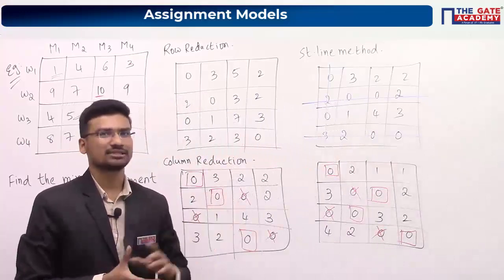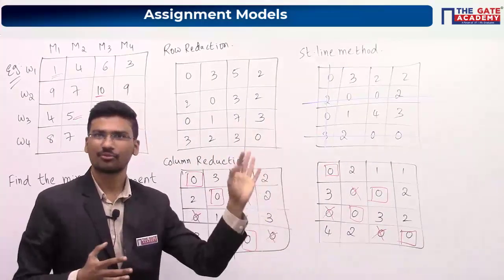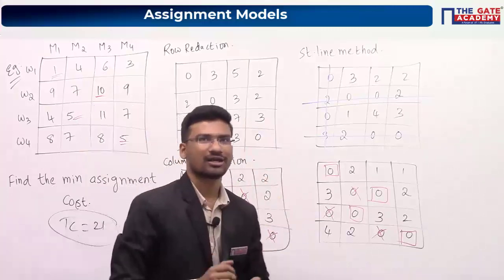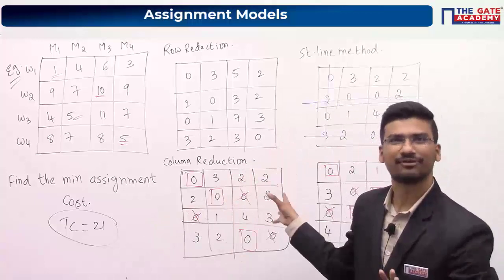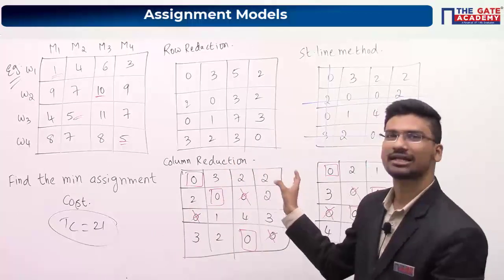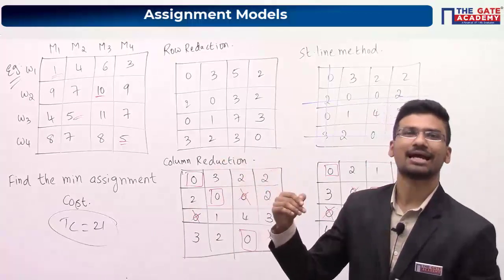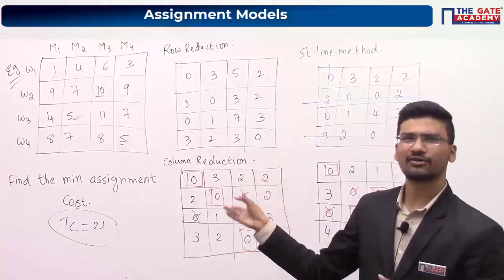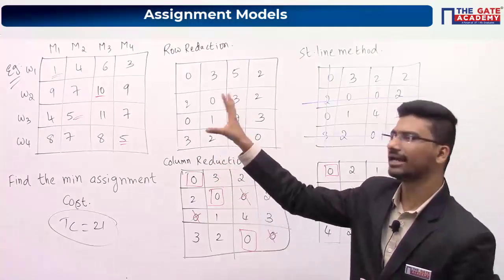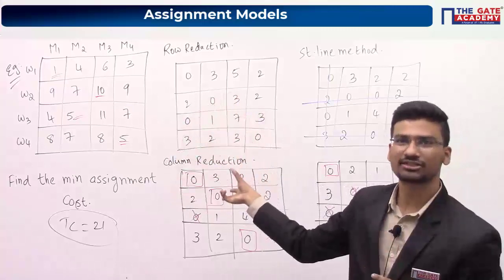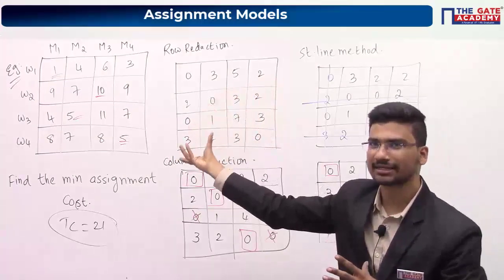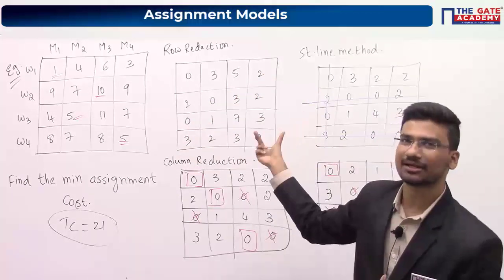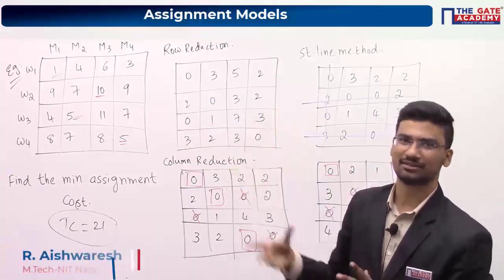Fine. So with this we are done with assignment models also. Any doubt in this? Any doubt in the entire assignment models chapter? If you are having any doubts regarding assignment models, you can ask. It is very simple when compared to transportation, because in transportation we have seen so many algorithms. But here you are having only two algorithms: the Hungarian algorithm with row reduction and column reduction. If it is not possible to solve the question using only the Hungarian algorithm, we have to use the straight line method also for finding the assignments.